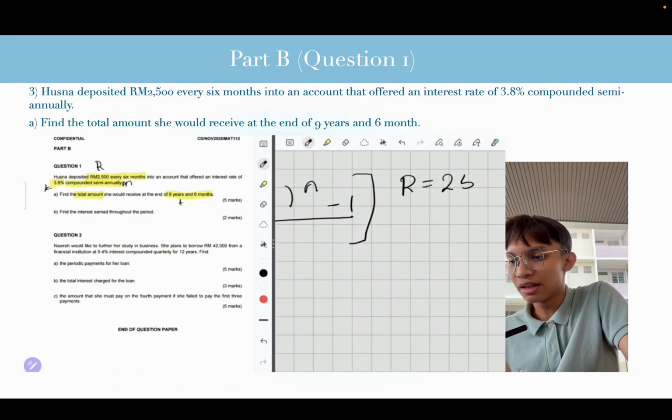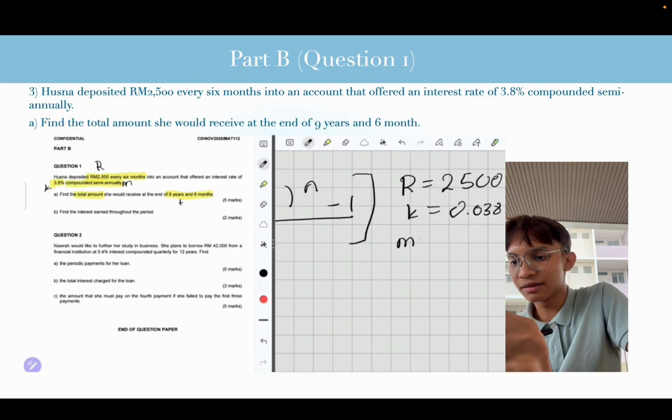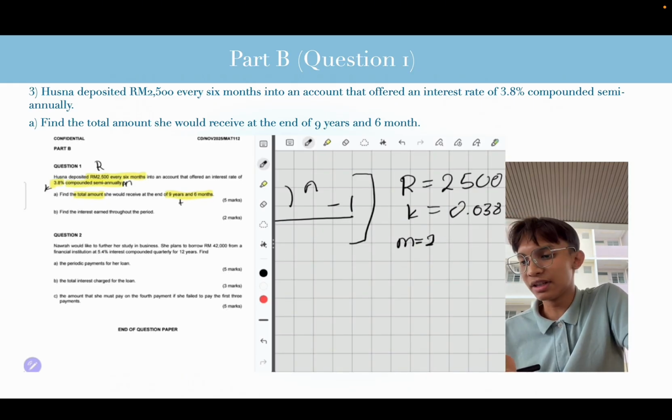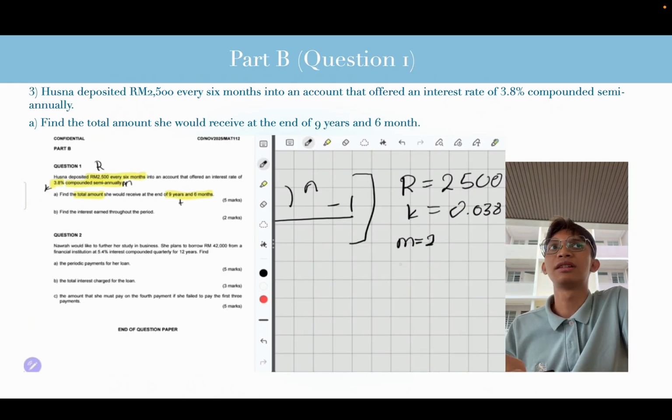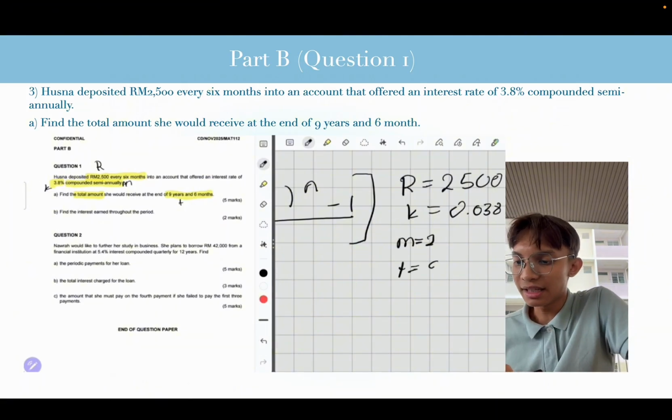R equal to 2500, K equal to 0.038, M equal to semi-annually, so it is equal to 2 because it is compounded 2 times per year. And the T is 9.5.